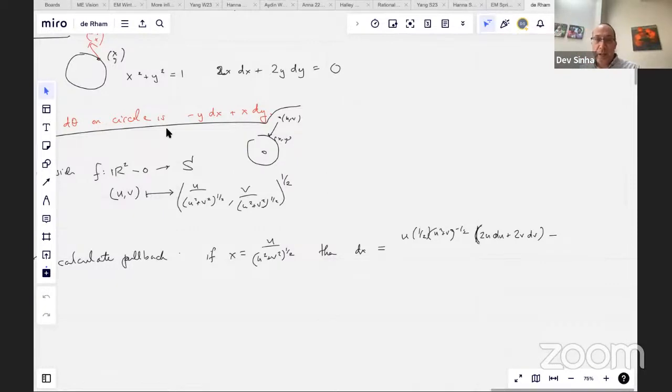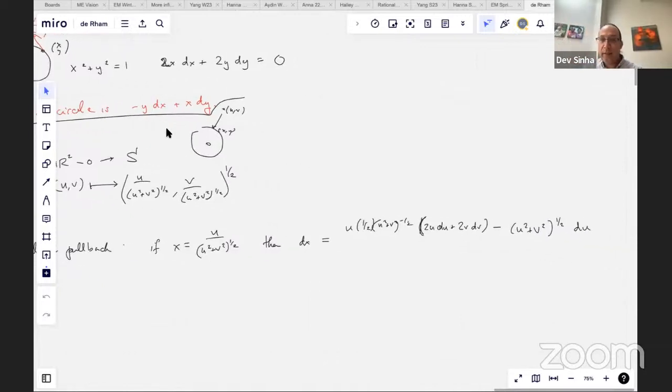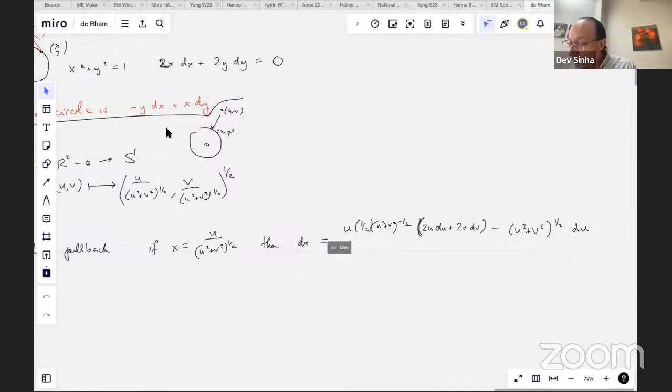So that's numerator times the derivative of the denominator. Then I've got my denominator times the derivative of my numerator. That's easier, right? And then I'm going to divide by the denominator squared. And let's skip right to, if that's dx, then y dx is what?